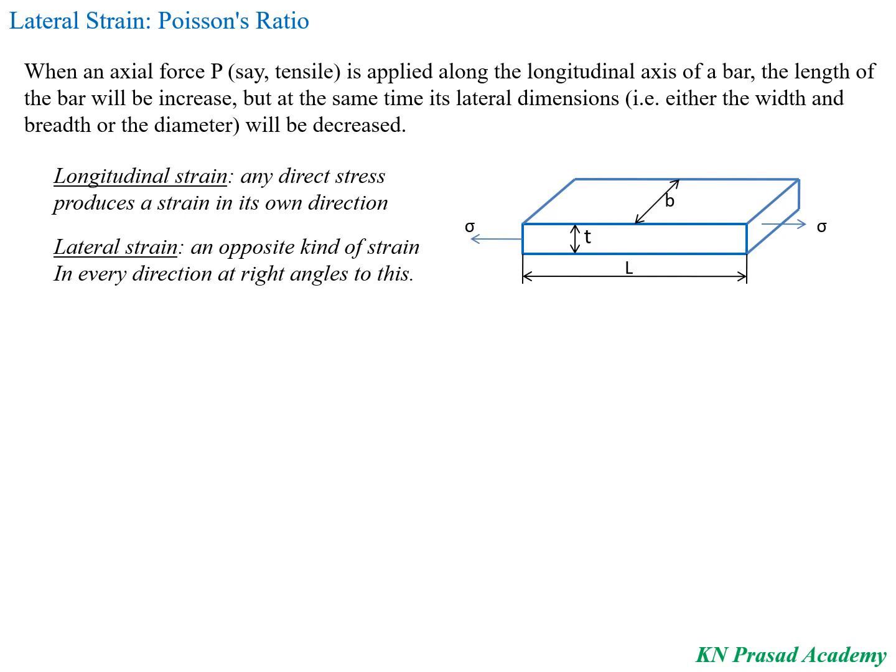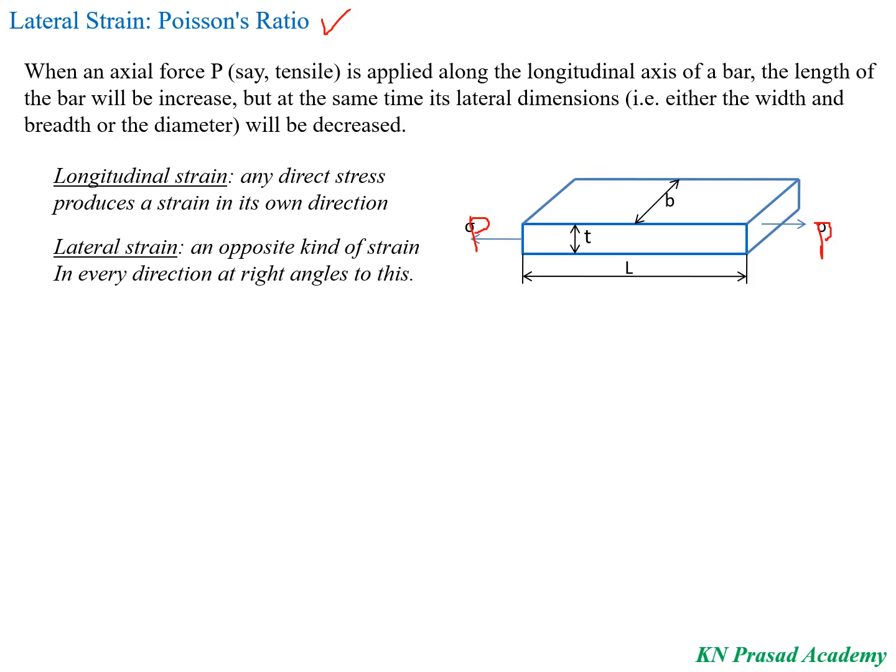So next we have to discuss the lateral strain. The elastic constant associated with the lateral strain is the Poisson ratio. See in the diagram, let us consider this is the P. We have to observe one thing in the diagram.